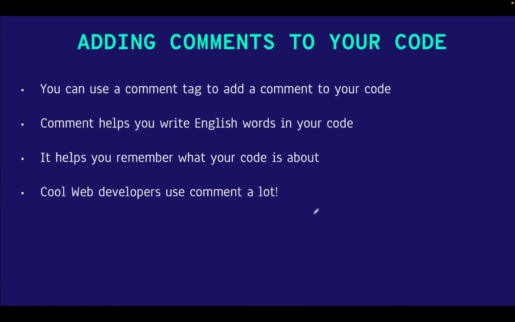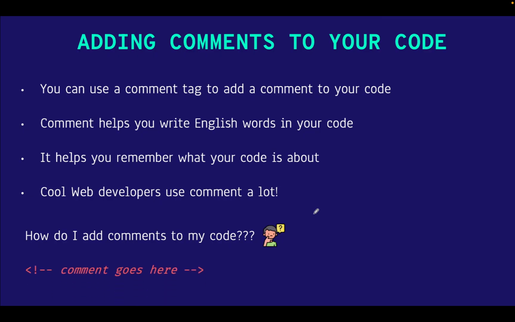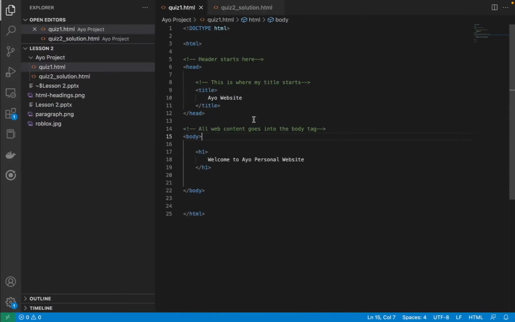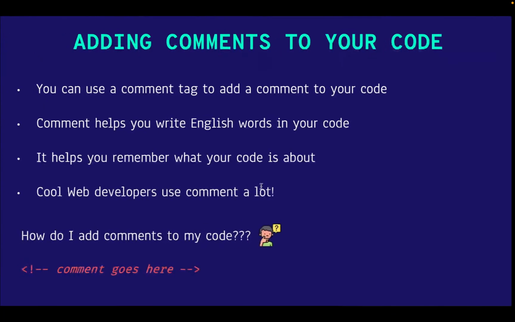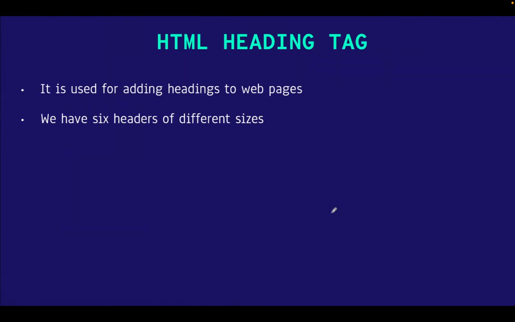So that's what comments are. How do you add a comment? You add a comment by doing this. If you don't understand, just pause the video a little bit, then try to look at this. You will get it.